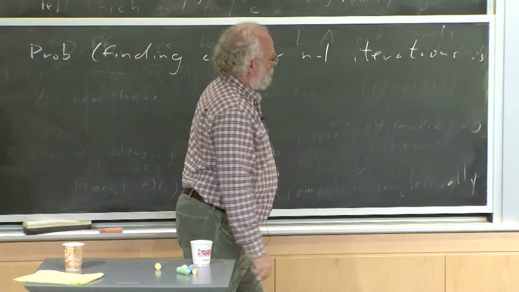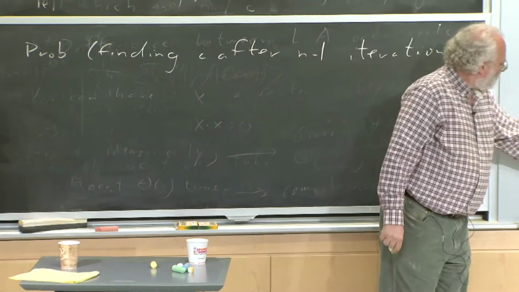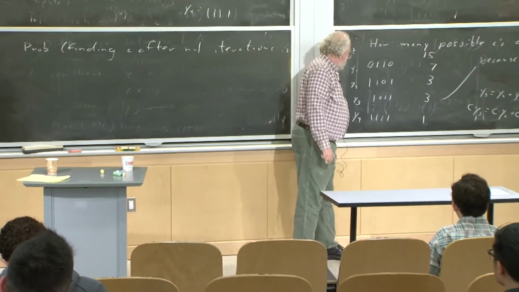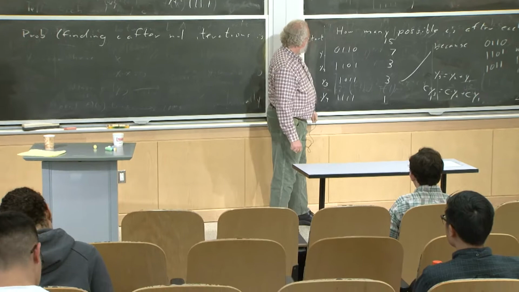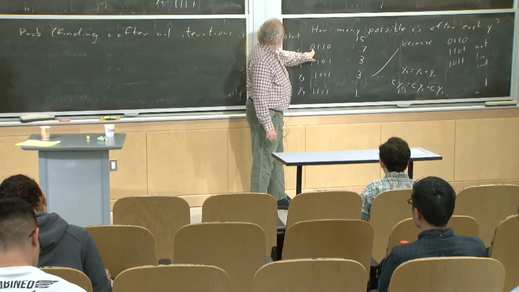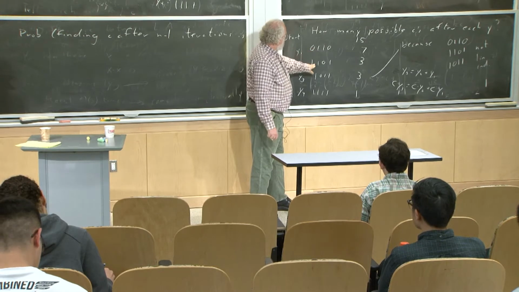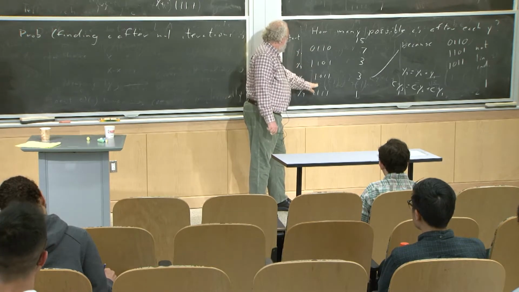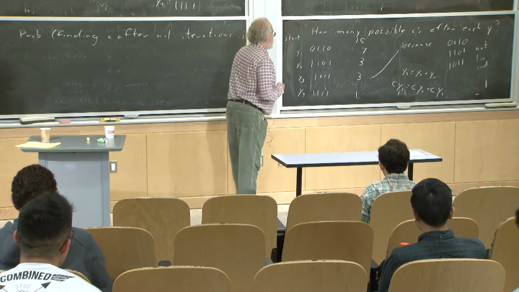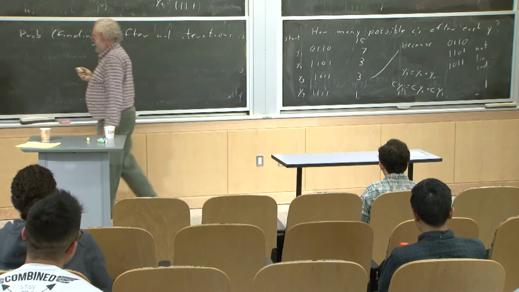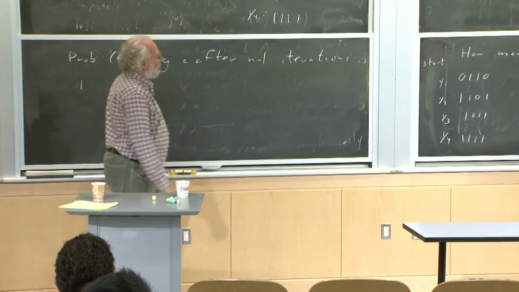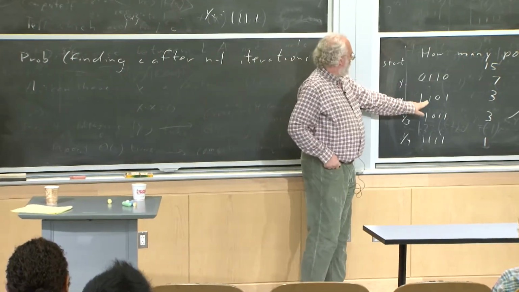Well, this last one, let's see. What we need to do is make sure all of these are linearly independent. The first step always works, 1, because everything here is linearly independent.